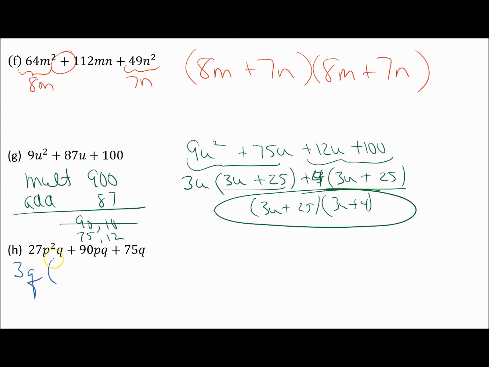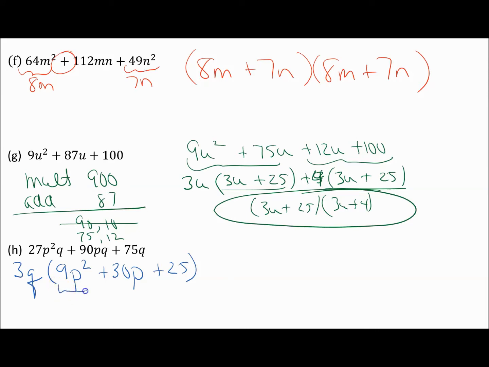So if I divide this first term by 3q, well, 3 divides into 27 9 times, and there's still a p squared there. I divide 90 by 3, that's going to be plus 30, and then the q comes out, there's a p, and then I divide 3 into 75, that's 25, and the q comes out, and that leaves that.